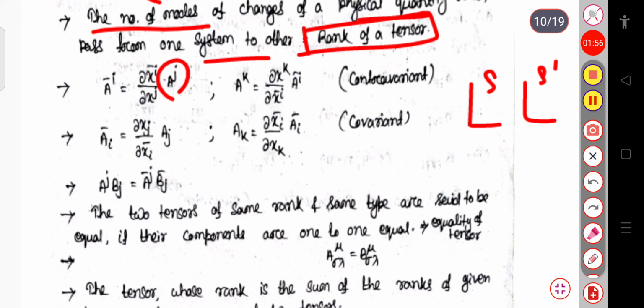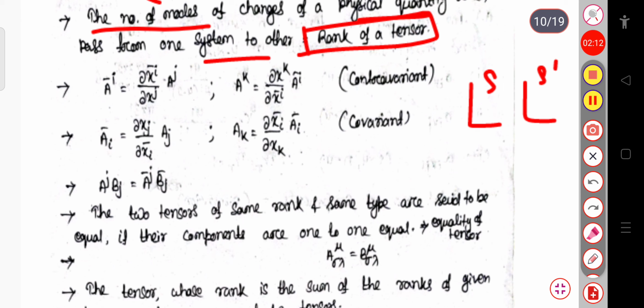This is the contravariant form. And for the S frame, A^k will be equal to dou x^k divided by dou x bar i into A bar i.